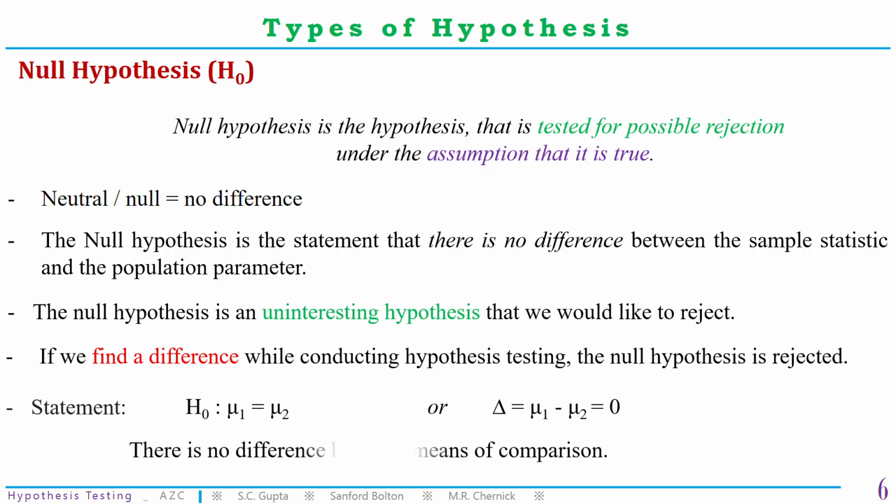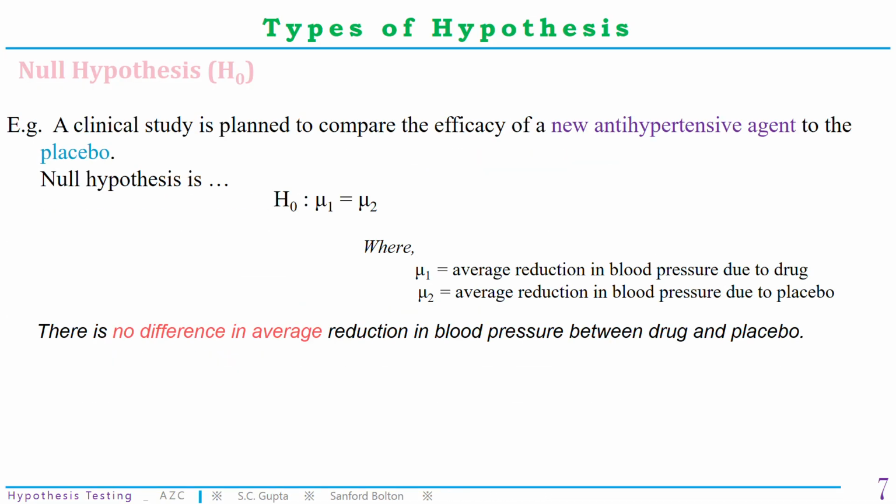Statement of the null hypothesis. H0 is mu1 is equal to mu2, or delta is equal to mu1 minus mu2 is equal to 0. This indicates there is no difference between means of comparison. Example: a clinical study is planned to compare the efficacy of a new antihypertensive agent to the placebo.